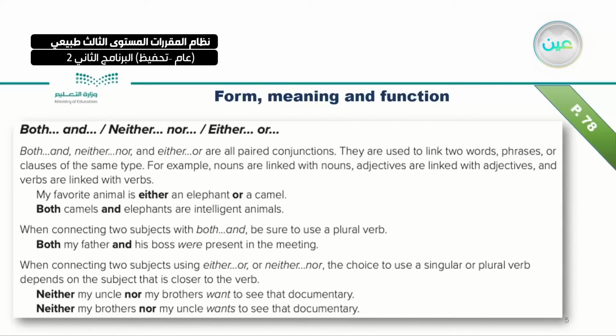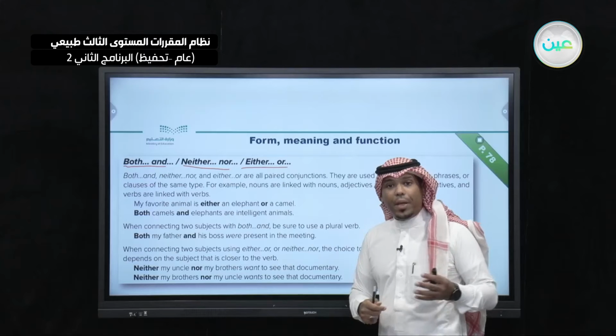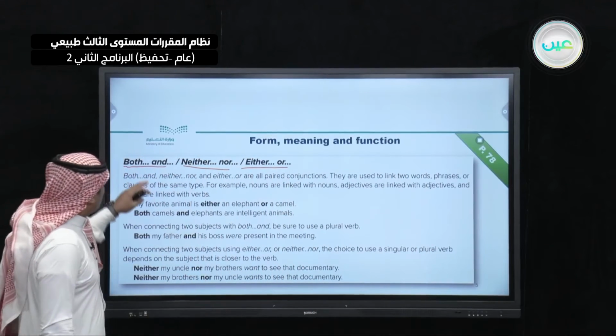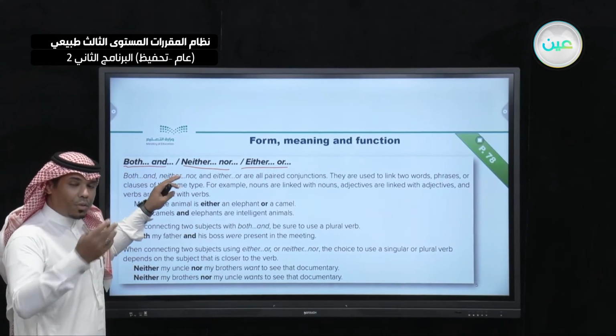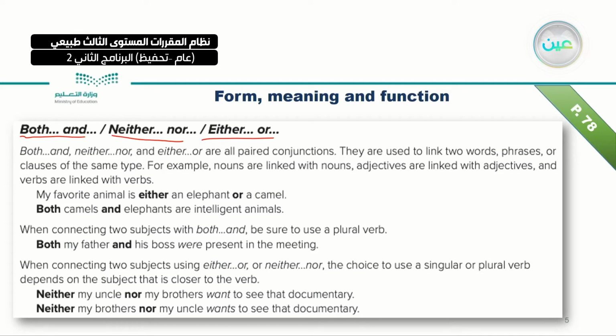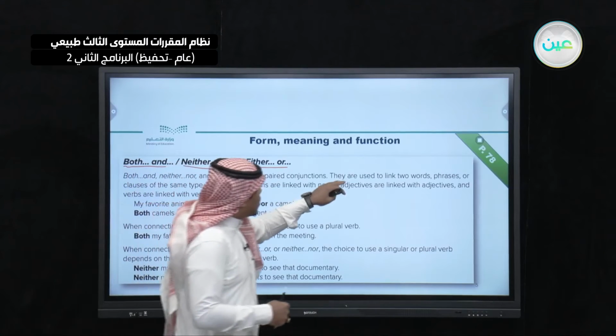Now, we will move to also both and, neither nor, either or. So when I'm talking about this, you should focus now. Why? Because we use both and if we want to join things together. For example, here, look, they are all paired conjunctions.